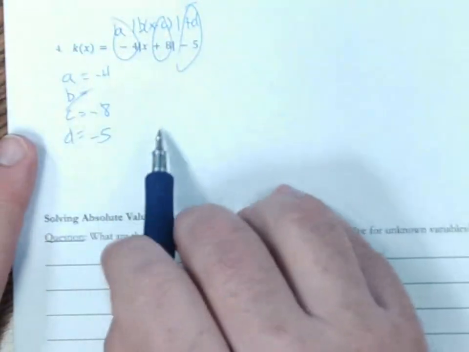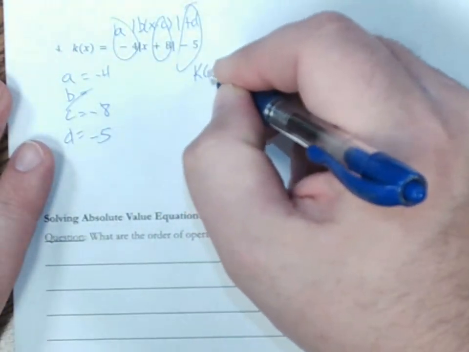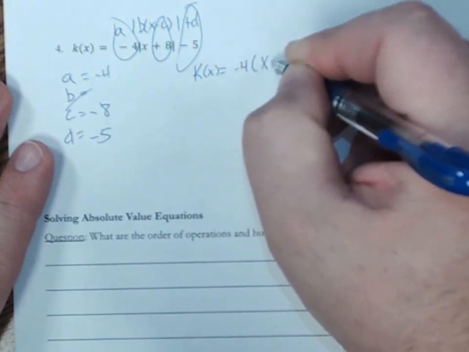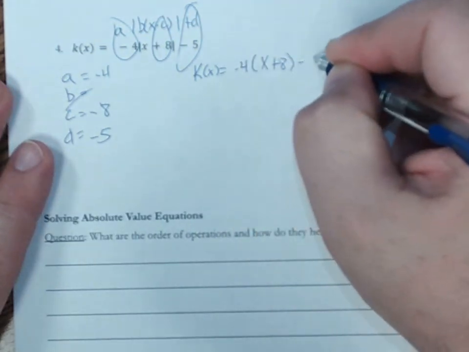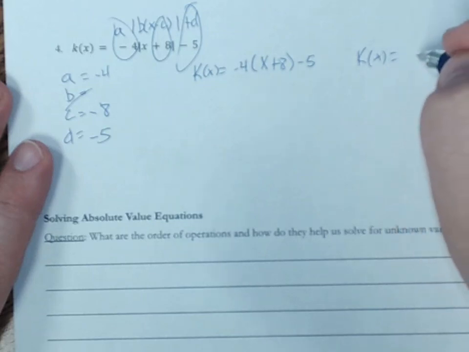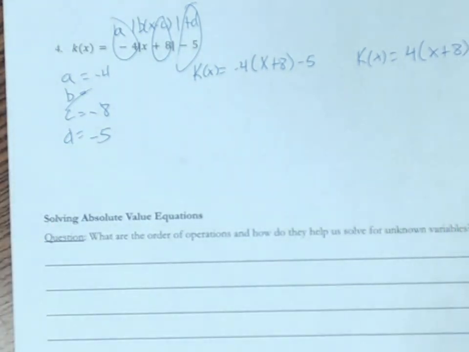Then we split up our equation into two pieces. So we've got k of x equals negative 4 times x plus 8, in parentheses now, right, minus 5. And then we'll do k of x equals positive 4. So we'll change the sign to positive 4 times x plus 8 minus 5. I don't know if you've caught on to this, but the other times that we've done this, we changed the positive to a negative, and now we're changing the negative to a positive.